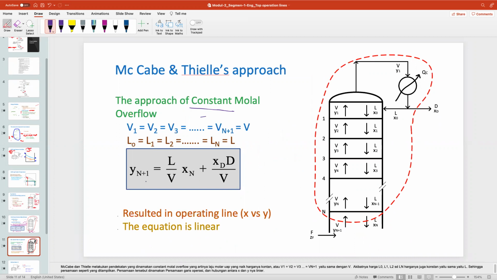So yn plus 1 equals L over V xn plus xD multiplied by D divided by V. This is constant, this is constant, this is constant. So it results in an operating line, x versus y, and the equation is linear: y equals L over V xn plus xD D over V. This one is the gradient, and this one is a constant.